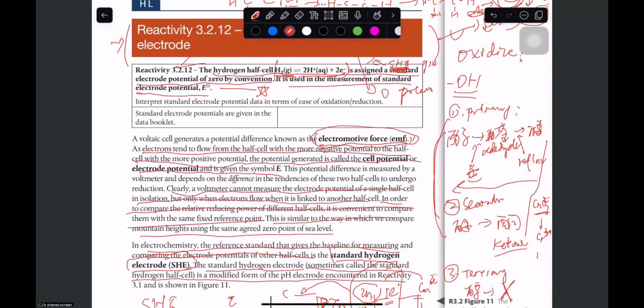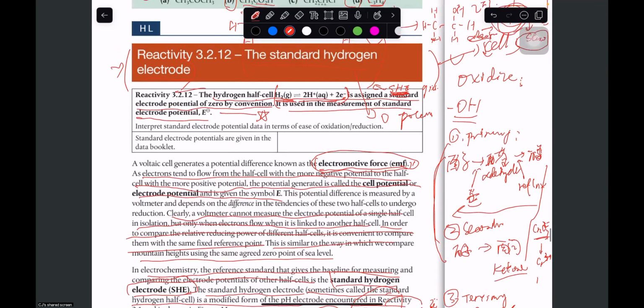We use this reaction to produce the standard hydrogen electrode, and its standard potential we notate like this one, the uppercase E with the small circle on it.